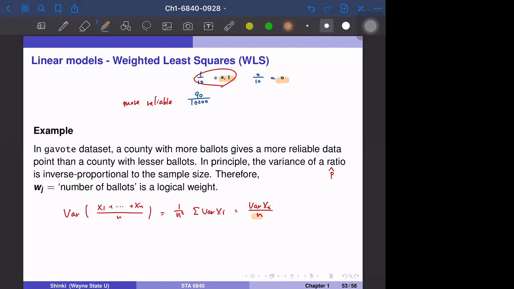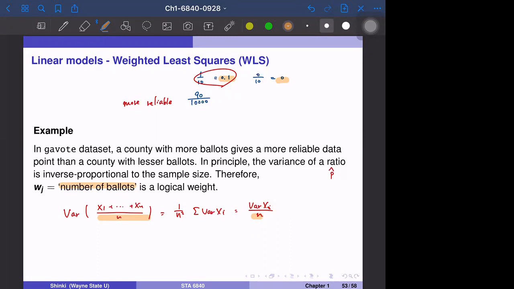Proportion is a special case of the sample mean. So the variance of a proportion or ratio is inversely proportional to the sample size. That means if we define the weight Wj equal to the number of ballots, that is logically correct, so we can use that weight.